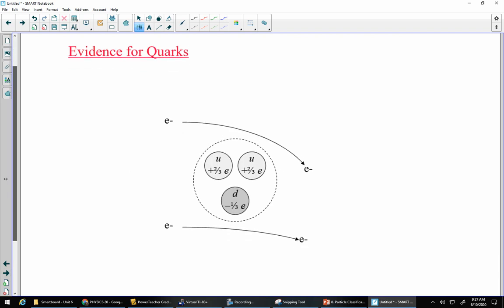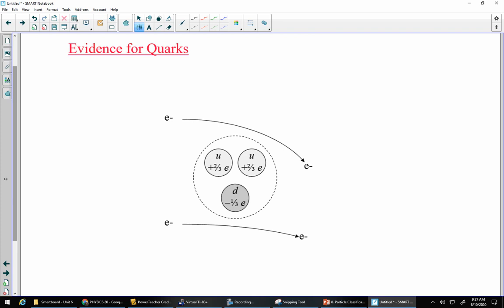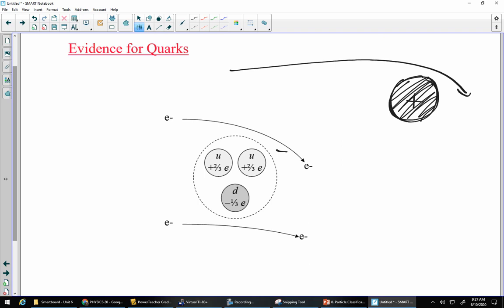Now, evidence for quarks is pretty neat. This is some of the first and some of the simplest evidence we actually see. So if a proton was solid positive, the whole thing the same, all positive no matter what, if you fired electrons at it, the electrons would always be attracted to that proton.